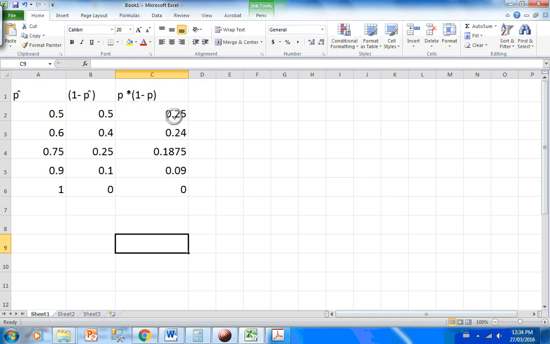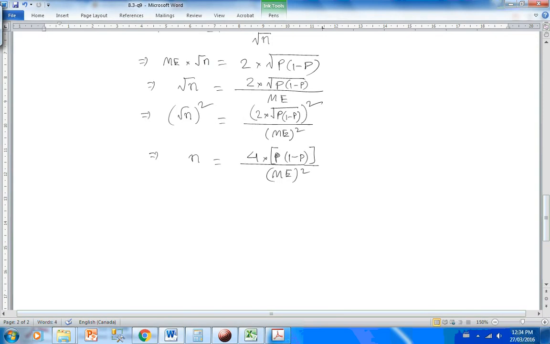So when we don't know the true p or p hat, at least we know that the product of these two is at most 0.25, and therefore if I replace it with 0.25, I get the maximum possible value of the fraction on the right hand side, i.e. the maximum possible number of observations.